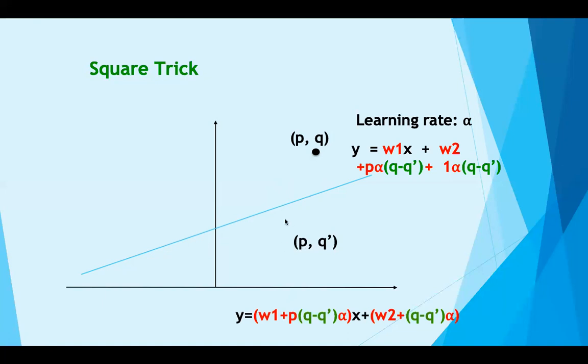We do not require two rules like we had in the absolute trick, where we add if the point is above the line and subtract if it is underneath. In the case of the square trick, we don't have such a rule because q minus q' will take care of it. If the point is above the line, it will be positive, and if it is below the line, it will be negative.